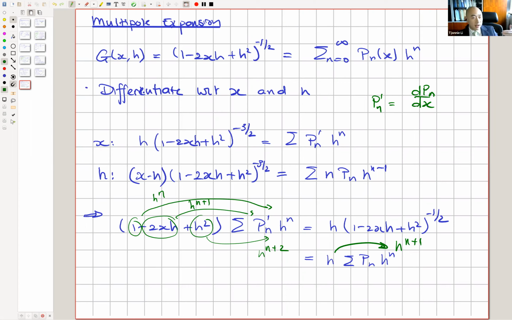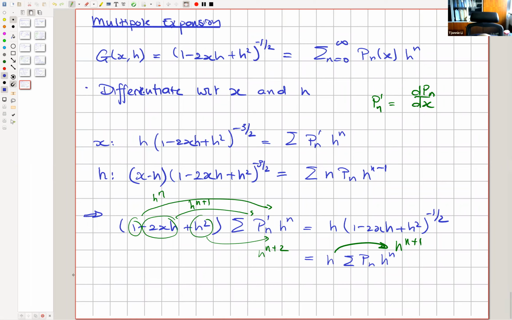Okay? And so ultimately, the left-hand and the right-hand side should be the same. So at every order, the coefficients with the same power of h should be equal to each other. So I can turn this equation into something where I'm actually going to equate the powers of n plus 1. In other words, this is easier to understand in this way.